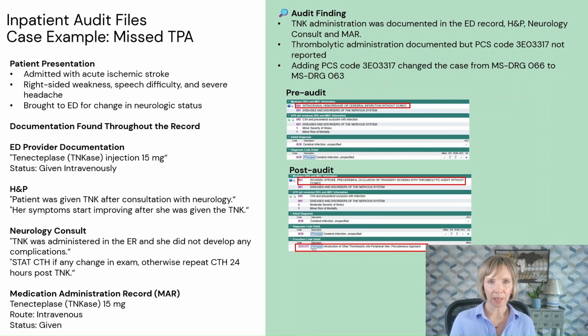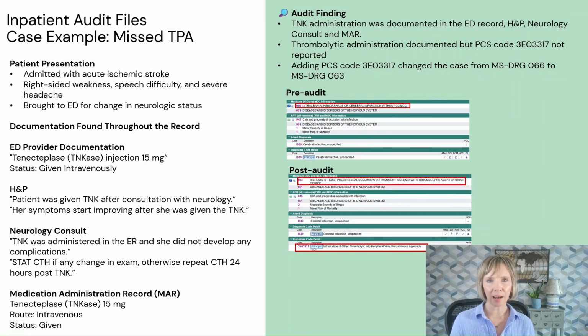When reviewing the documentation, we found that there were several references to tenecteplase or TNK. The emergency department documentation shows that TNKase was administered intravenously. The history and physical notes that the patient received TNK after consultation with neurology and that the patient's symptoms began improving afterward.